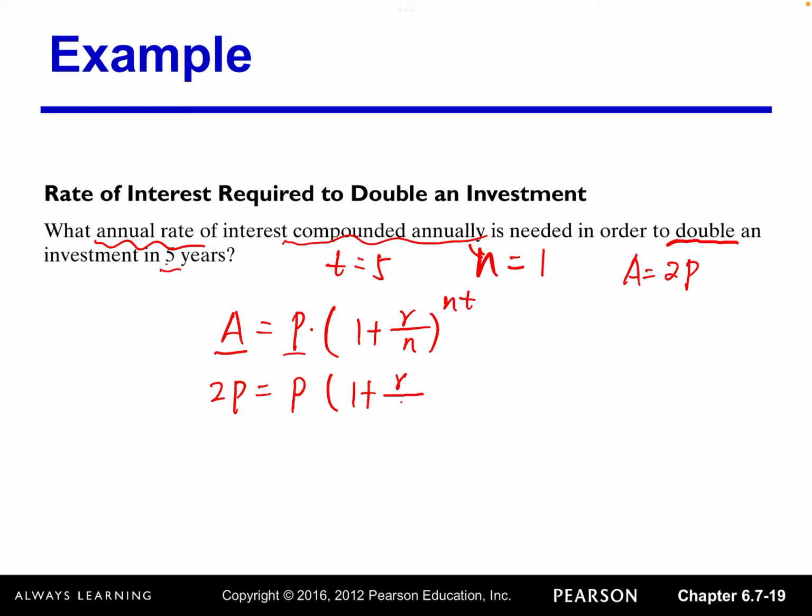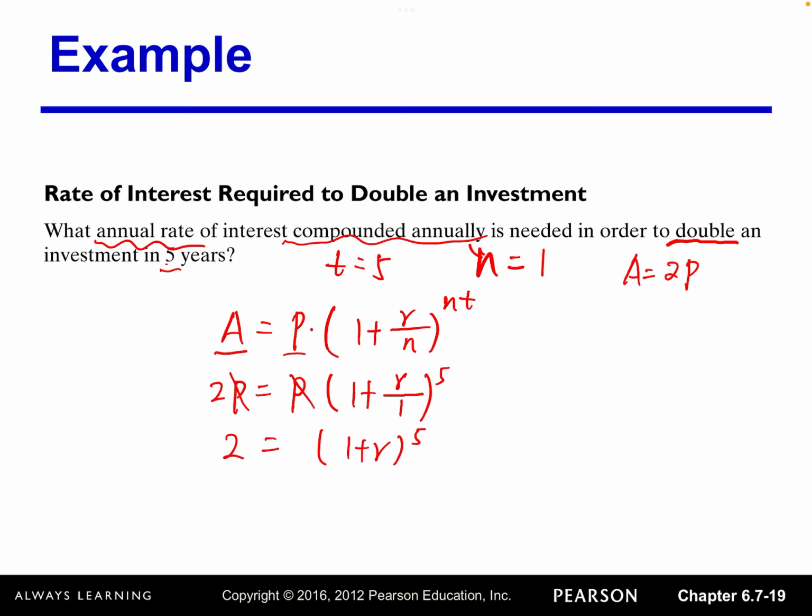And n equals 1, t equals 5, so n times t is 1 times 5, that equals 5. On the left-hand side and right-hand side, we can cancel P out, dividing both sides of the equation by P. So we get 2 equals (1 plus r) raised to the 5th power.